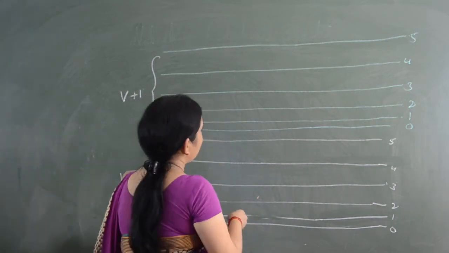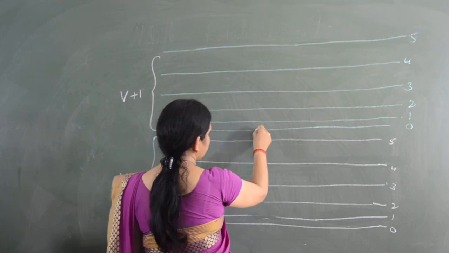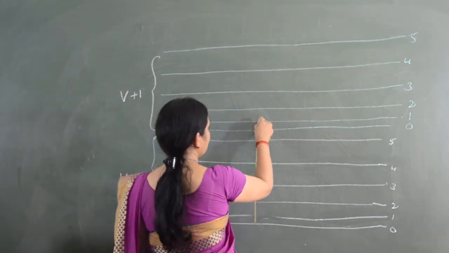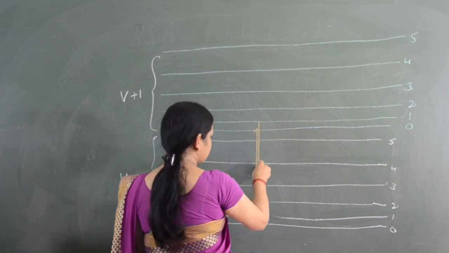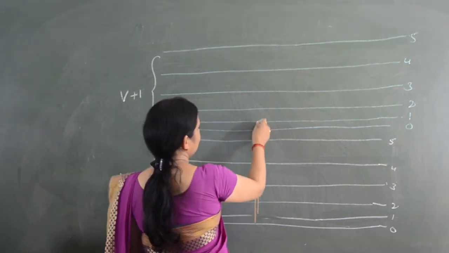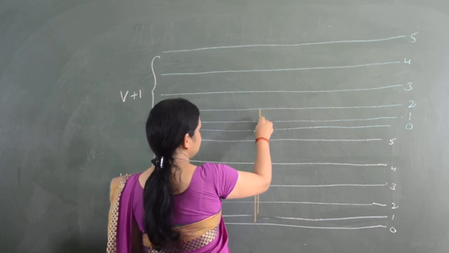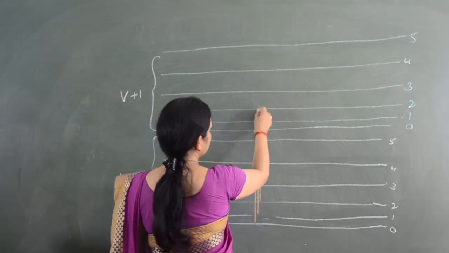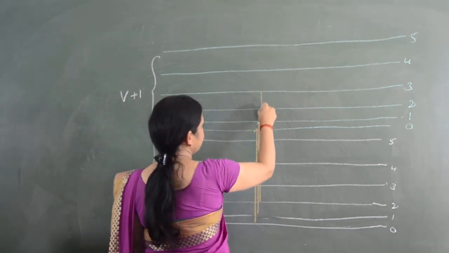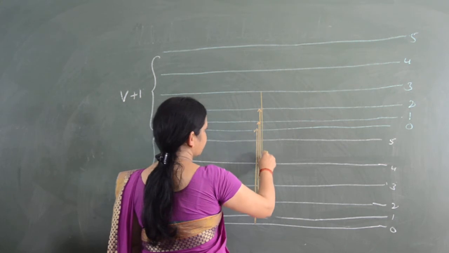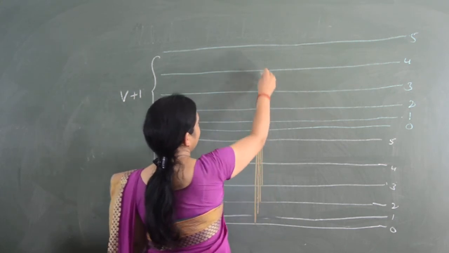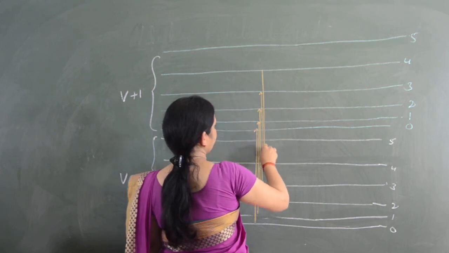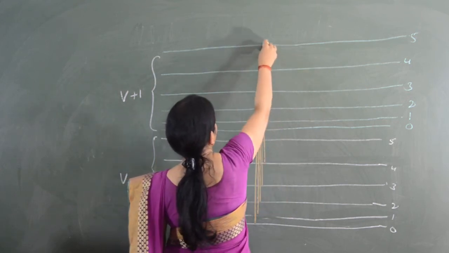The transition will take place from 0 to 0, then 1 to 1, 2 to 2, then 3 to 3, 4 to 4, and then 5 to 5.